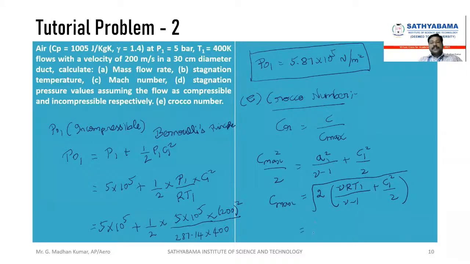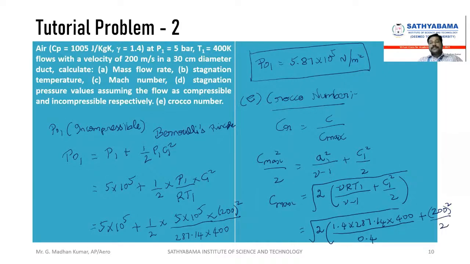So here you may substitute all the values now. So 2 into gamma is 1.4, into 287, into T1. So T1 is 400, right? Divided by 0.4, right? And then plus C1 square. So what is your C1? That is 200 square.